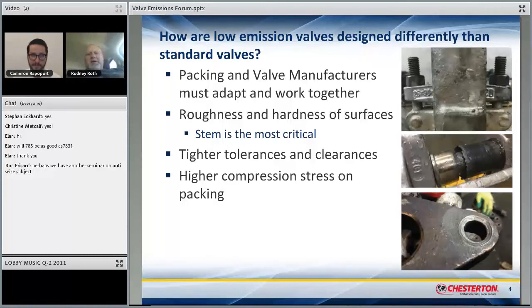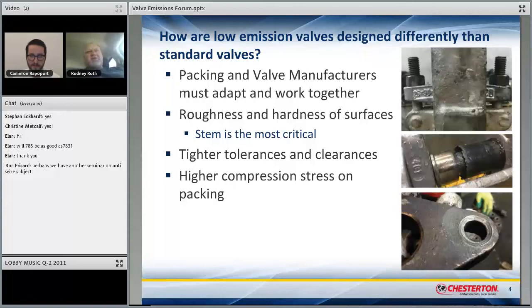Yeah, and while we're here, before we move to the next one, let's talk about terminology. If you're talking to people or people are talking to you, we have people that call stuff packing followers. We have people that call them glands. You have the gland flange, which is what you see there that's bent.